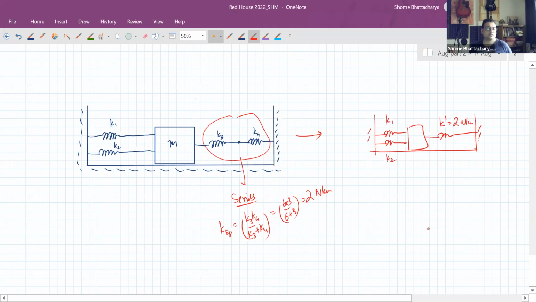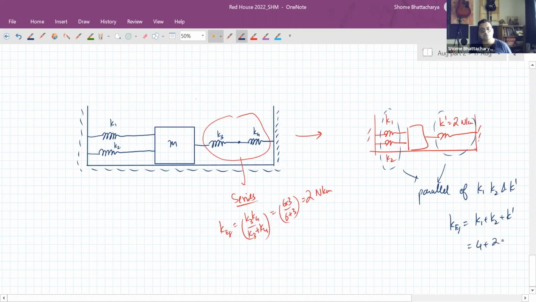Now you will see that these two are in parallel, and that's in parallel with this also. So this is a parallel combination, all these. The equivalent spring constant will become the sum of all this. K1 I think was 4, right?